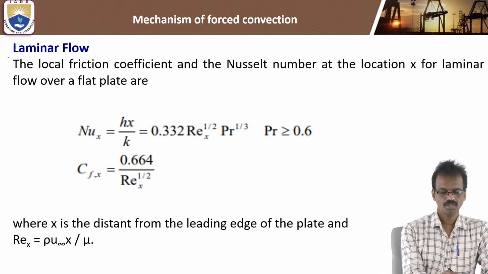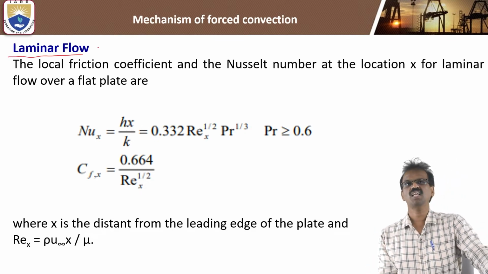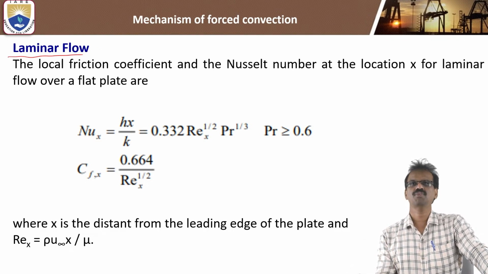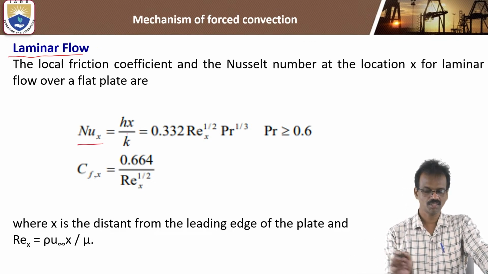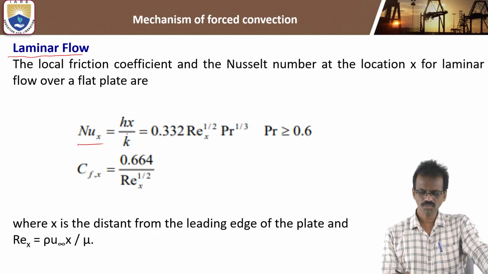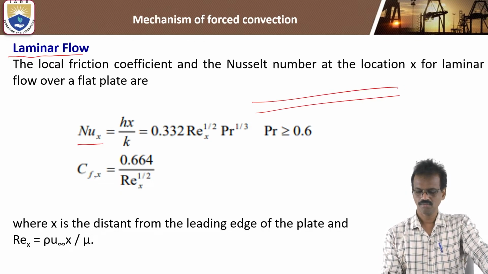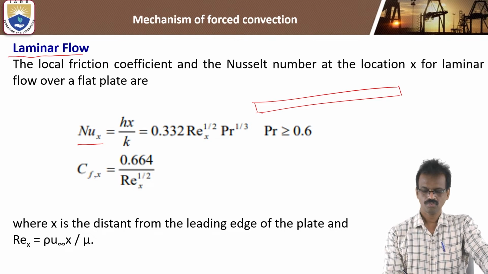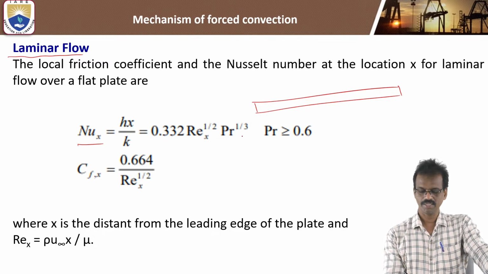So first of all, I am explaining the laminar flow. If it is laminar flow, this is the formula for the Nusselt value. Here also two types of formulas are given, at x is equal to 0 and at x is equal to L conditions.